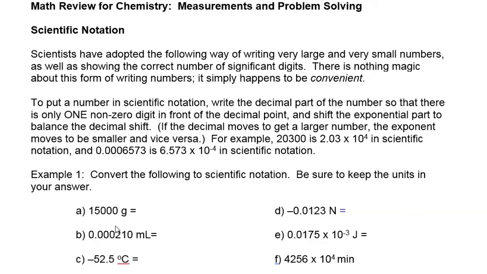First we have 15,000. So if we want to write that in scientific notation, we're going to need to move the decimal place over. Always in scientific notation, there is one non-zero digit in front of the decimal. So in this case, that's going to be the 1, and the other stuff is going to go behind the decimal, so the 5.